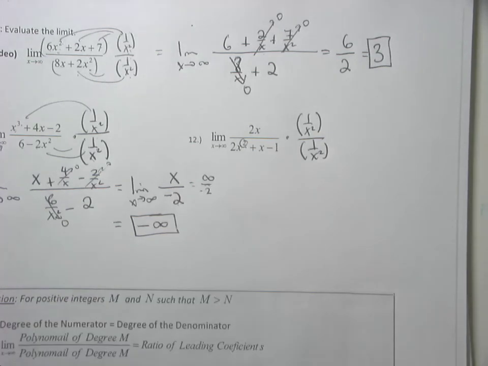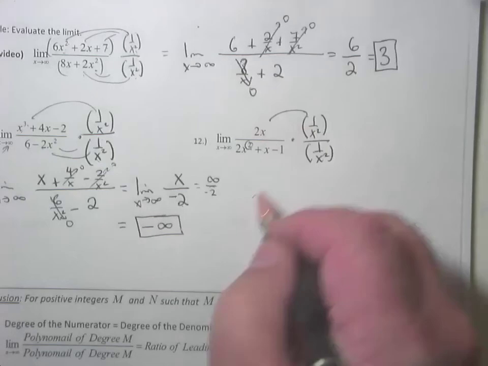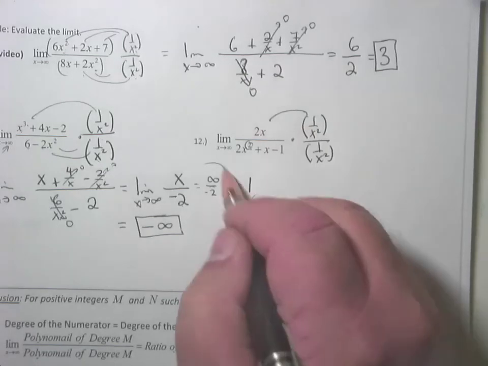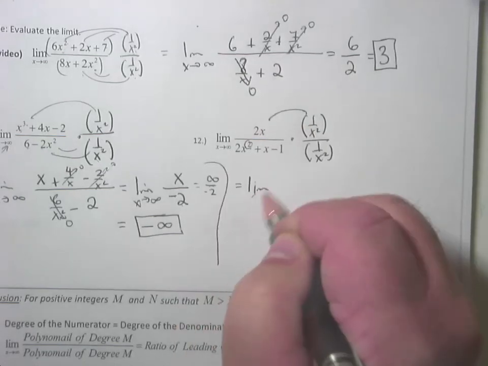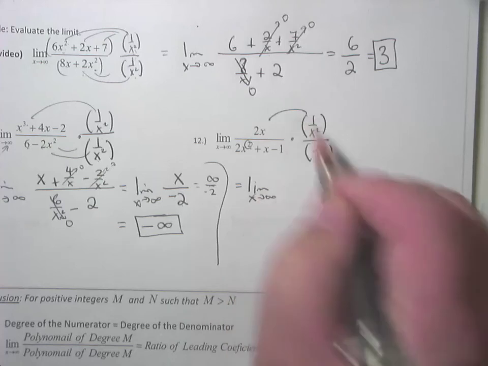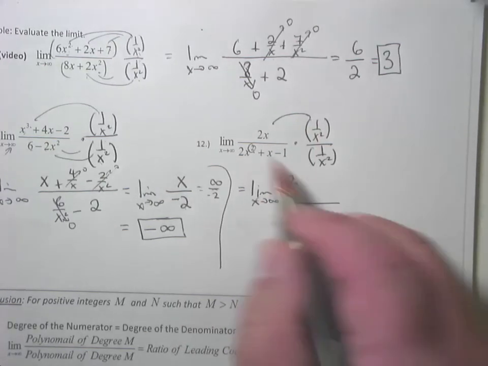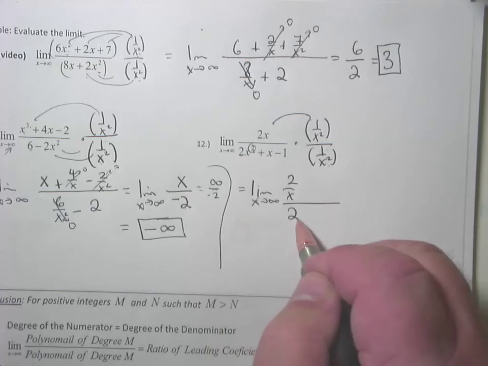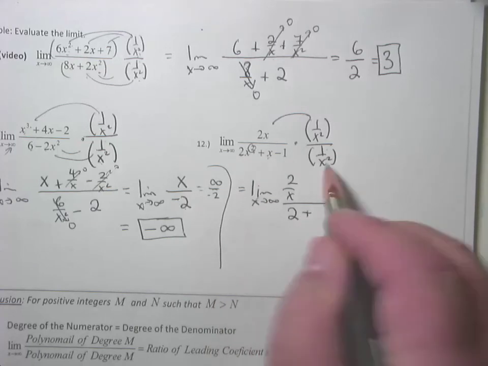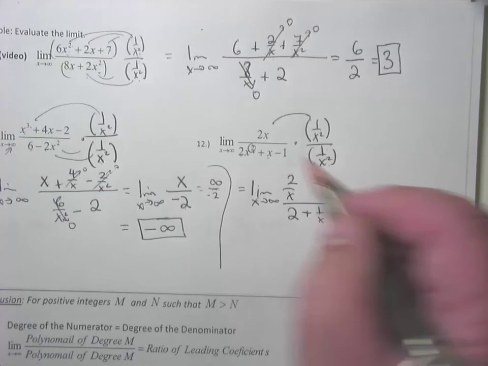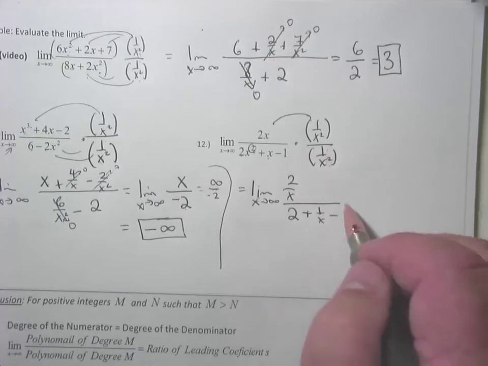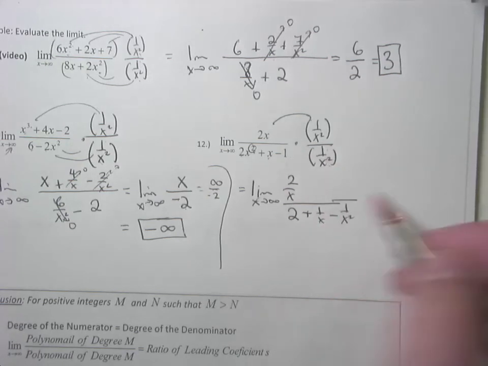I'm going to distribute. This will be equal to the limit as x approaches infinity of 2x times 1 over x squared is 2 over x, divided by 2x squared times 1 over x squared is 2, plus x times 1 over x squared is 1 over x when you simplify it, minus 1 times 1 over x squared is minus 1 over x squared.